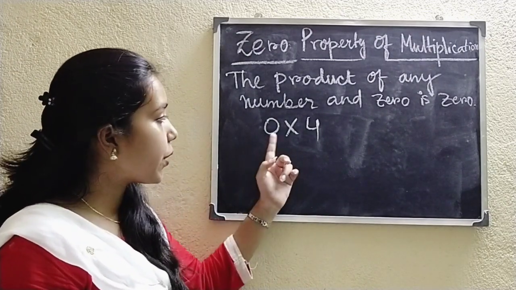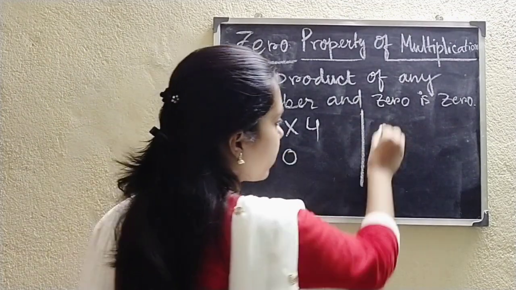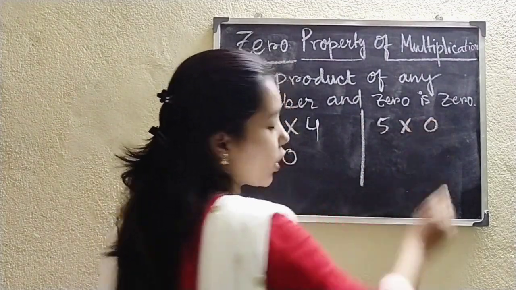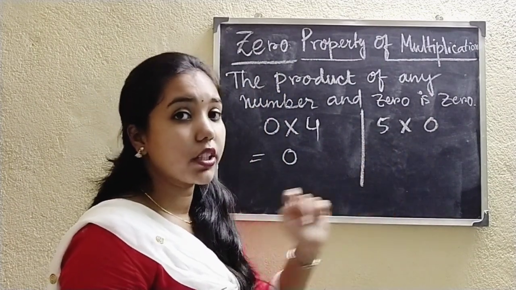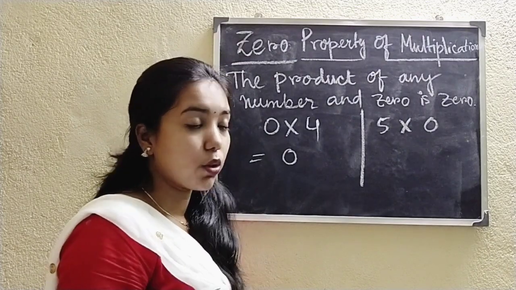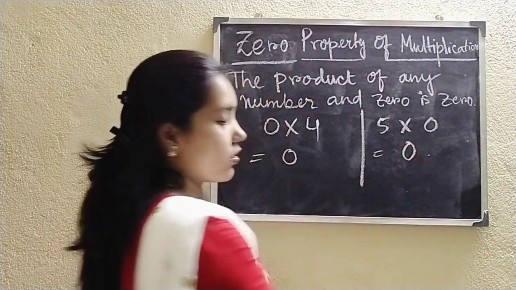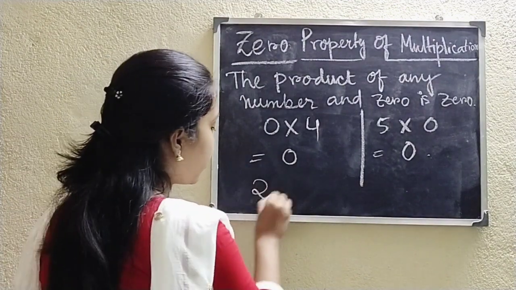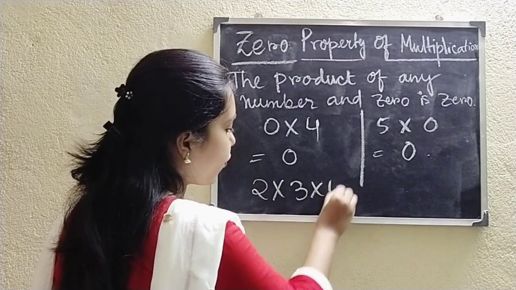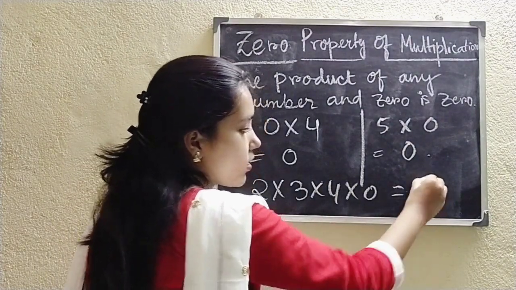So here 0 into 4 is equal to 0. Again 5 into 0. If a number is multiplied by 0, then the product will also be 0. So here the answer will also be 0. Similarly, 2 into 3 into 4 into 0 will also give the answer as 0.